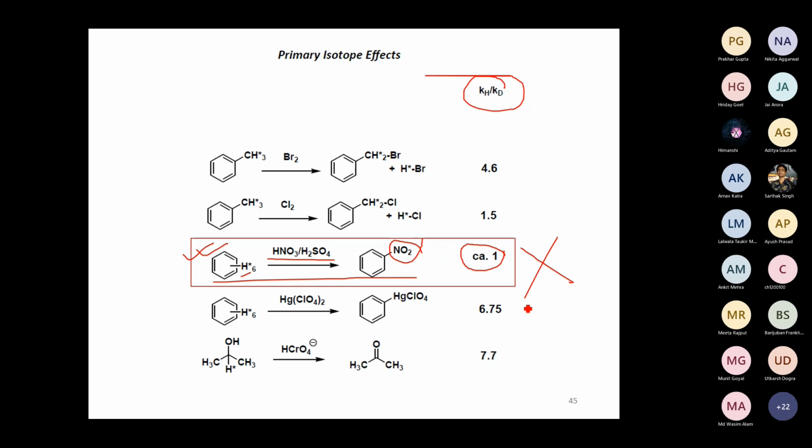That indicates there will be one step where the benzene C-H bond is broken, but that is actually not the rate determining step. Unlike here, where C-H is converted to C-Br and the C-H bond is broken in the rate determining step, but not in the case of benzene.